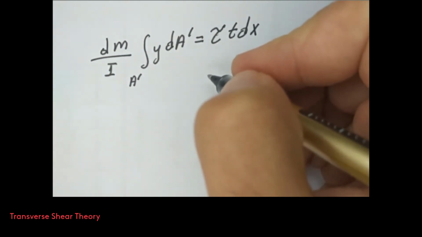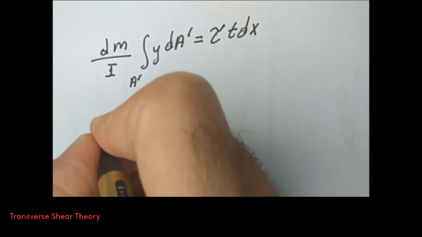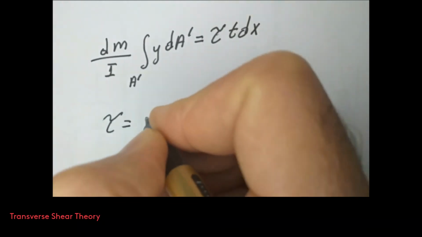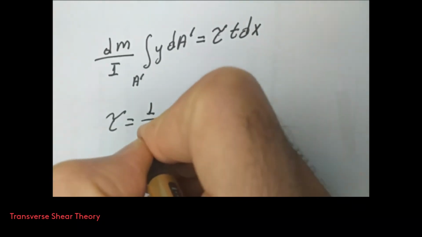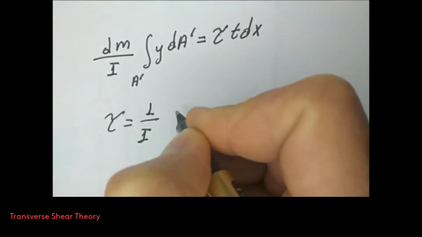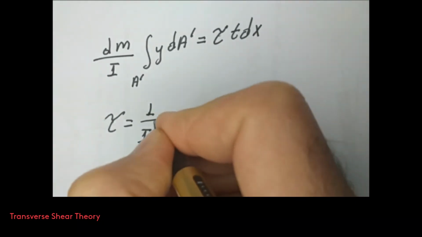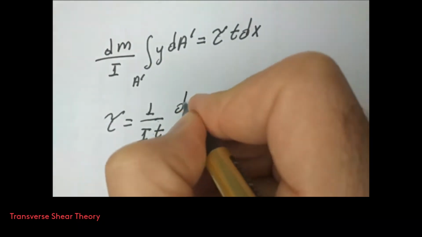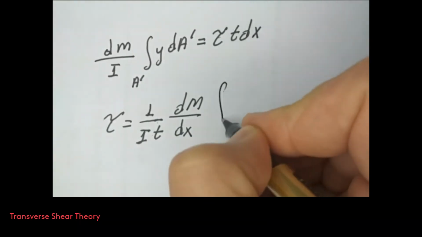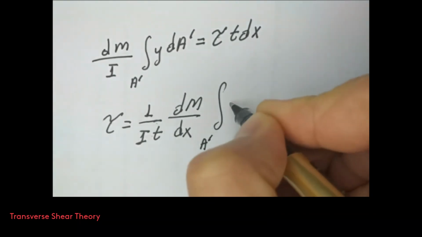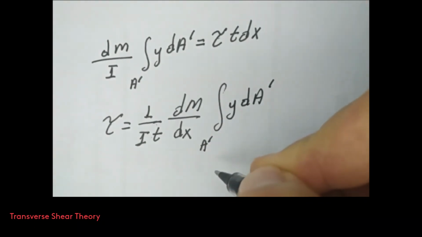So from here I can get the expression for the shear stress. The shear stress is equal to 1 over I multiplied by t. t is constant for that particular location. dM dx, integration over A prime y dA prime. Now we have something new.